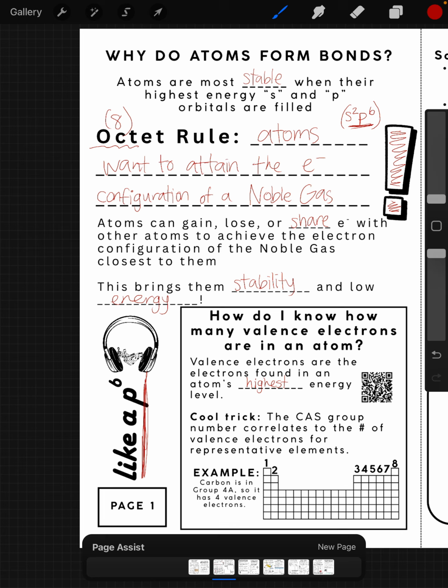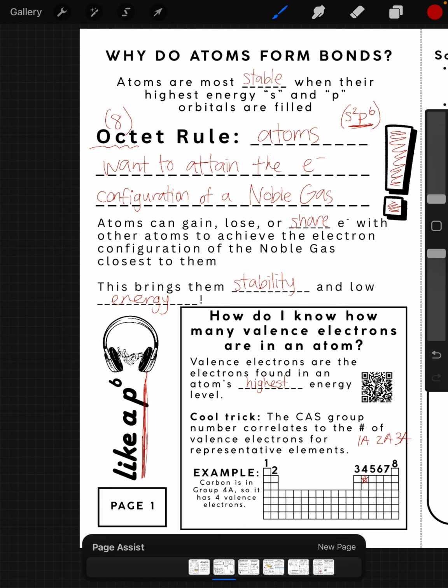The cool trick is that the CAS group number, the ones that look like 1A, 2A, 3A, correlates to the number of valence electrons for representative elements. For example, carbon is right here in column 4A, so it has 4 valence electrons.